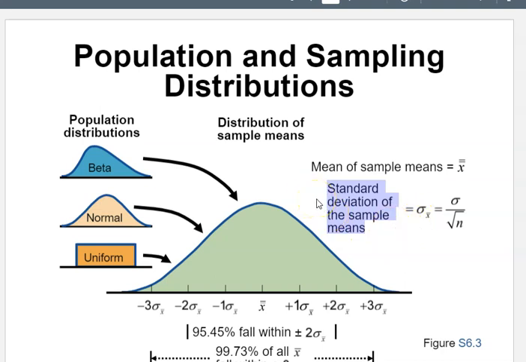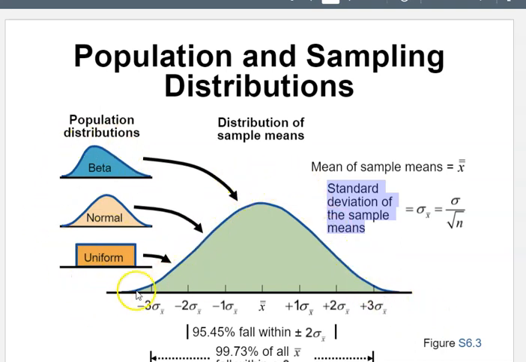It doesn't matter what type of data you have, whether it follows a beta distribution, normal, uniform, or other distributions. Getting multiple samples and taking the averages will convert these different distributions into a normal distribution.